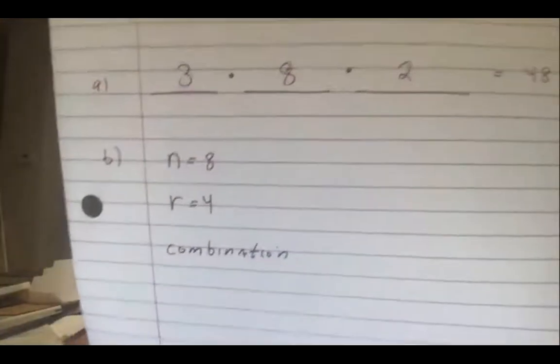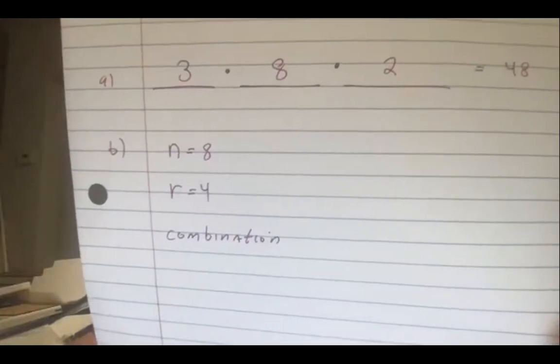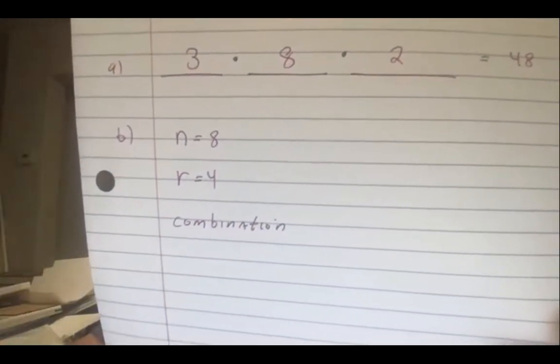not matter. So if I was writing down my information, I would write down n equals 8. That's the number we're picking from. R equals 4. That's how many we're picking, and that we're dealing with a combination. Once I have that information, I go to my formula, which is what? N factorial over N minus R factorial, R factorial. Excellent.